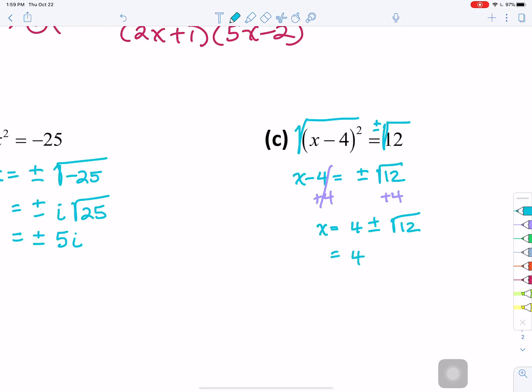Now root 12 can be written as the square root of 4 multiplied by the square root of 3. And of course the square root of 4 is 2. So we have 4 plus or minus 2 root 3. And that is our solution. That is what x is equal to. And this concludes this part of topic 2.5.